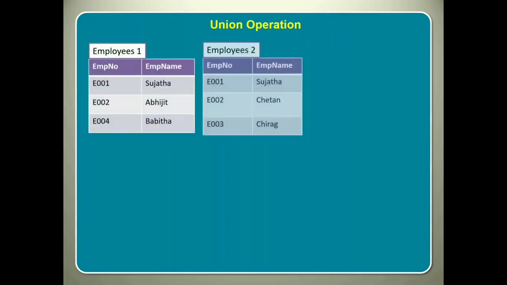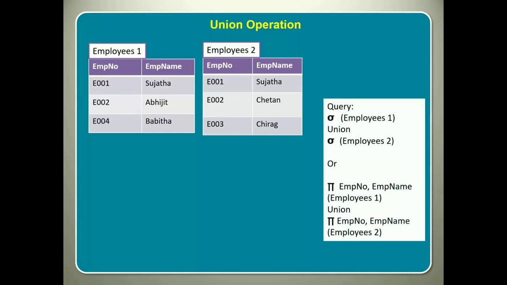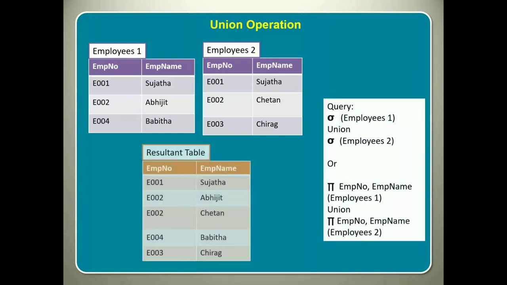Let us take an example to understand this concept better. Consider employees 1 and employees 2 as two tables. Query is shown on the screen. Resultant table looks like this. In the resultant table, employees 1 is copied as it is, but in employees 2, employee number E001, Sujata's information is same as employees 1.